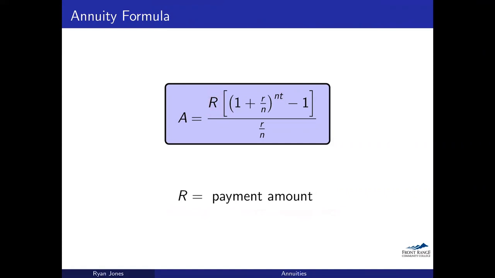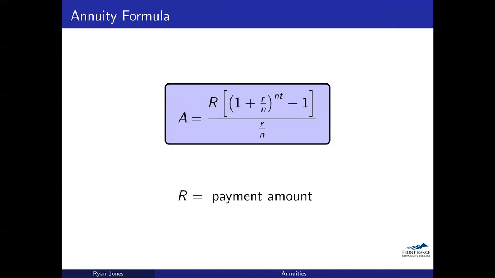Just want to mention that that's our payment amount. We've used capital R as a monthly payment amount before. We'll use that letter again here to describe how much you're paying into the annuity every month or every week or every quarter or every half a year or every year or whatever it is. A is going to be the future value. That's just how much money you have at the end of it all.